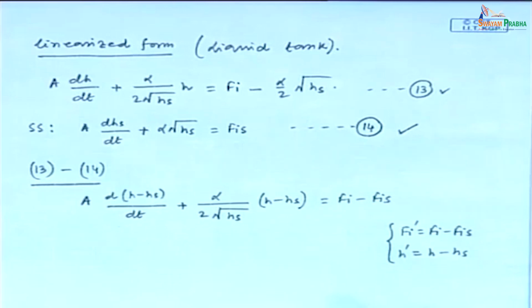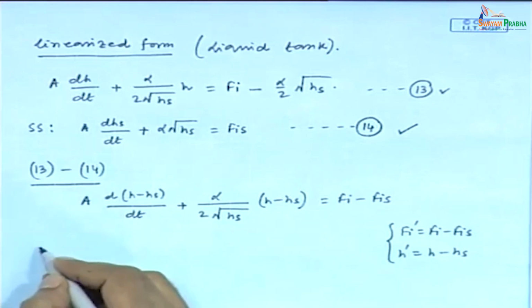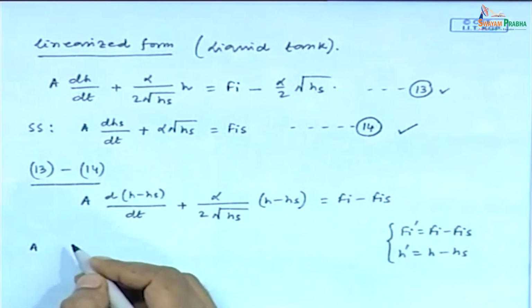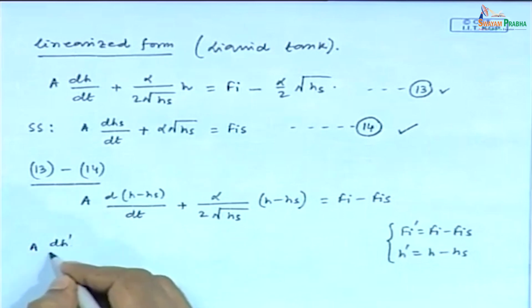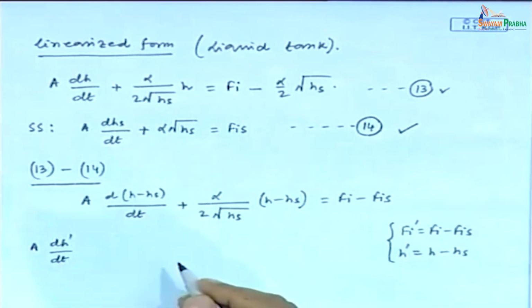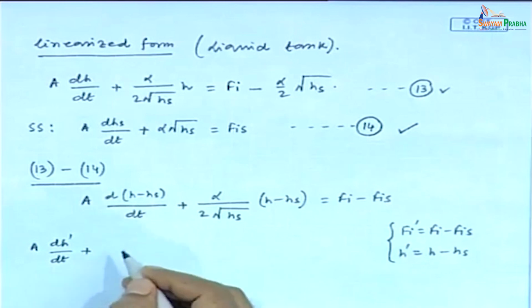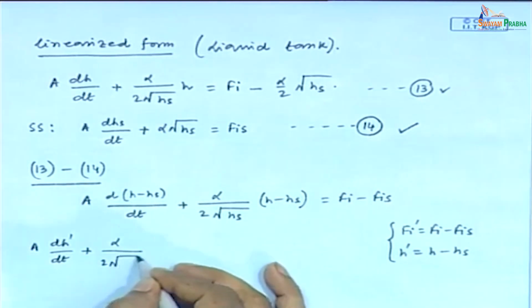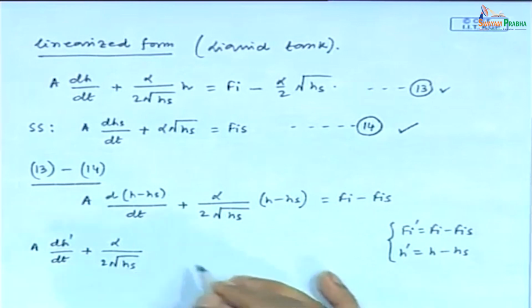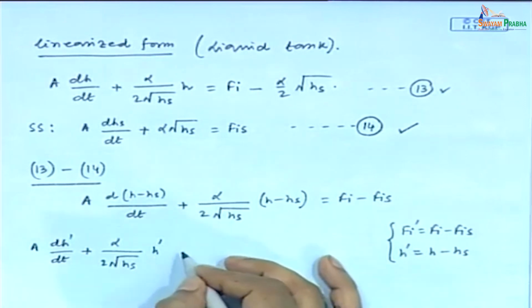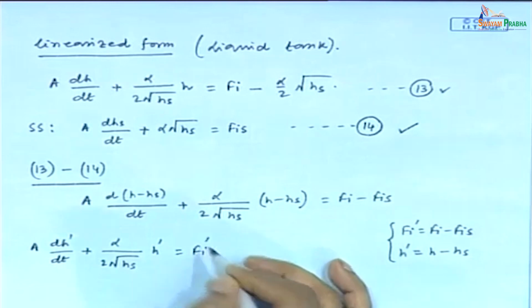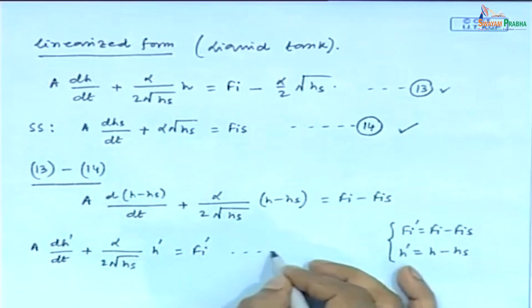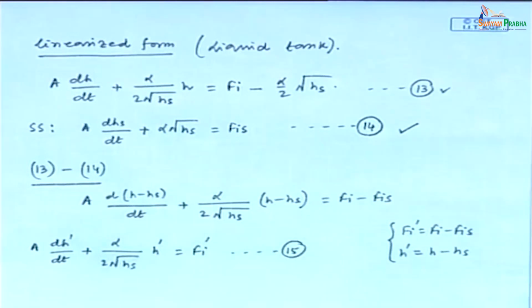Now, if we write the above equation in terms of deviation variables, we finally get a dH prime dt plus alpha divided by 2 root Hs times H prime equals Fi prime. This is, suppose, equation number 15.